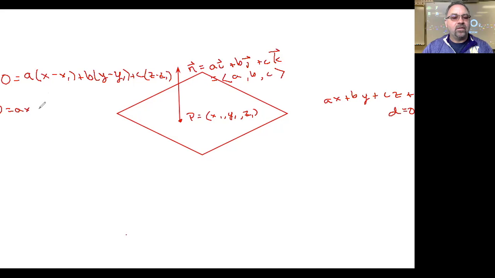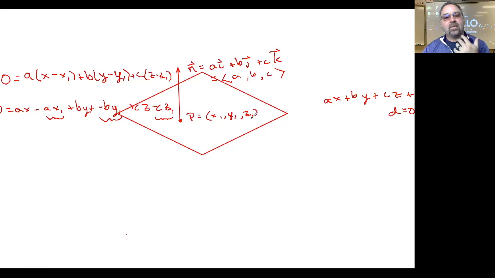A times x minus a times x1, that's going to be some kind of constant because x1 is a coordinate. We know x is the variable. B times y plus negative b y1, another constant. C times z minus cz1, another constant. You just combine those three constants into what we call d in the other one, and you get the same thing. So that's pretty much exactly how we're going to write the equation of a plane in three space.